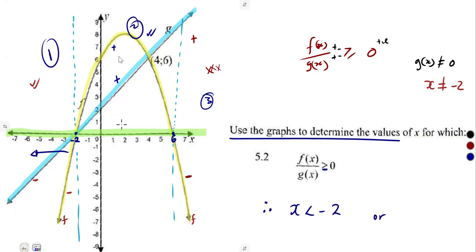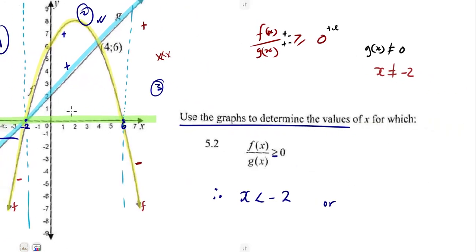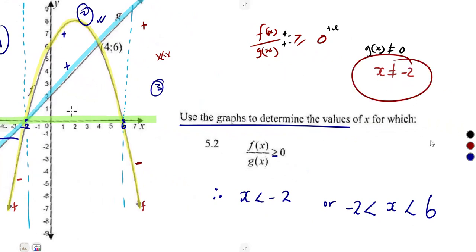Or another solution, in between minus 2 and 6. So it means x is greater than the smaller value, minus 2, but less than or equal to 6. Let's consider 6, because we are supposed to have an equal to at 6. Does it affect our g(x)? No, it is only at x equals minus 2. So x can be equal to 6.